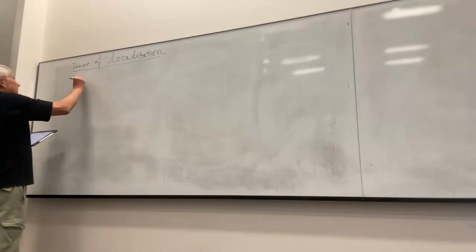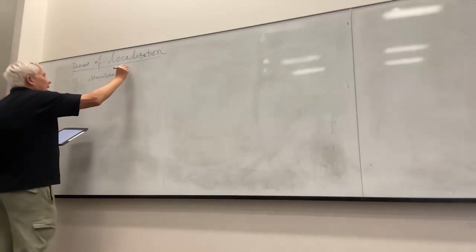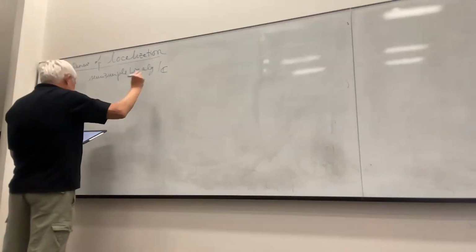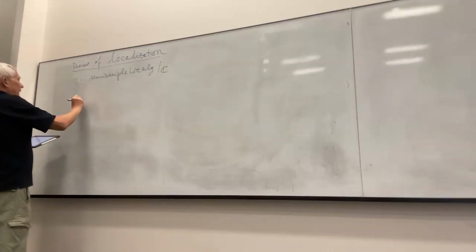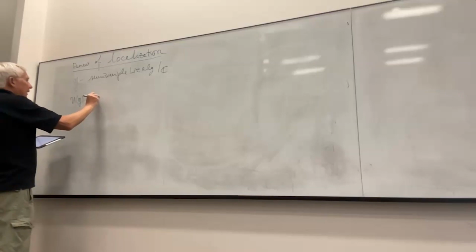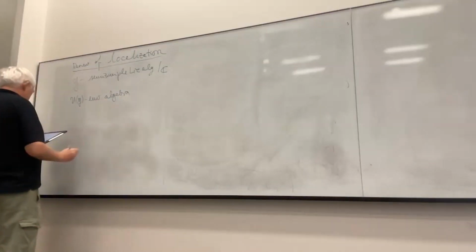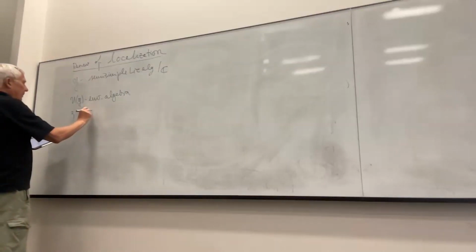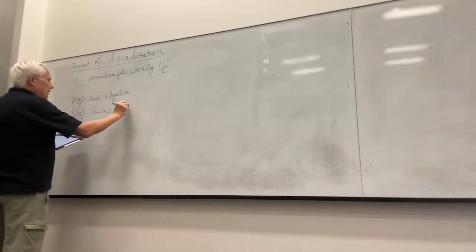So let g be a simple Lie algebra. Everything is over C, and U(g) is its enveloping algebra, and Z(g) is the center of U(g).